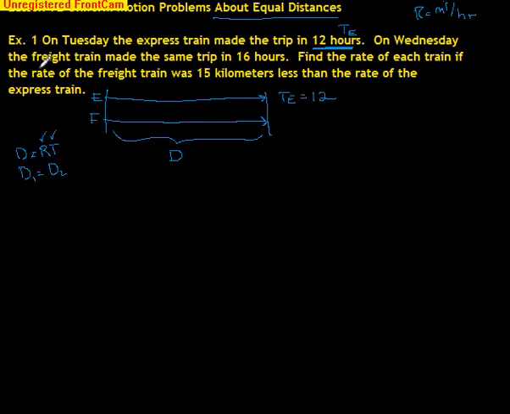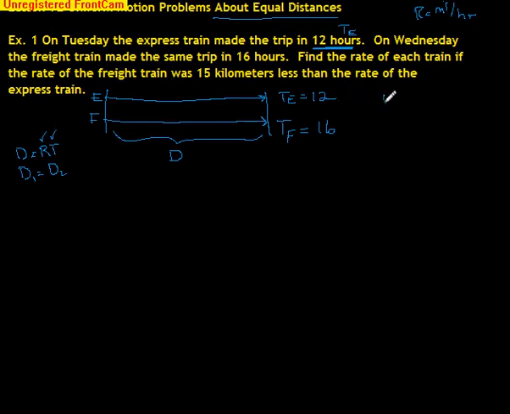On Wednesday, the freight train made the trip in 16 hours. So the time of the freight train, we'll use all subscripted variables for these, equals 16 hours. We are to find the rate of each train if the rate of the freight train was 15 less than the rate of the express train. So we're going to set the rates equal to each other. The rate of each train.